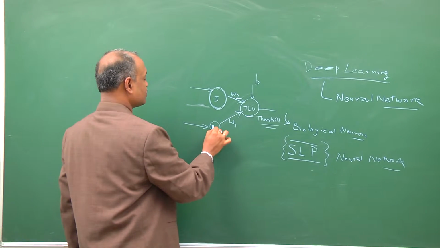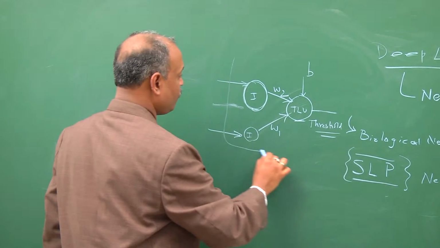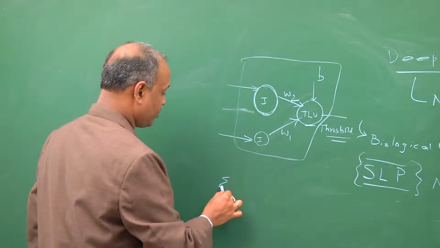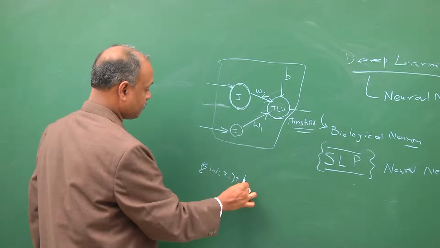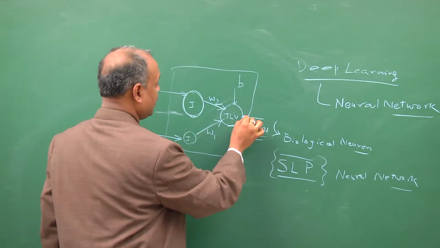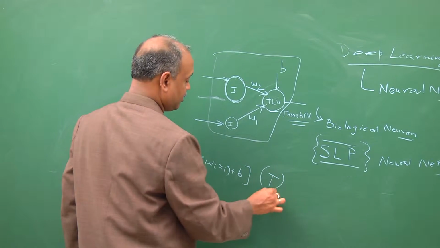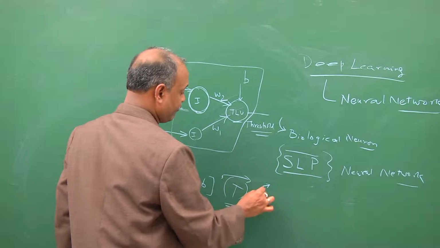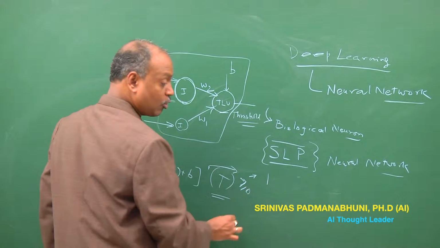These are input nodes and this is a bias node, and together this whole function is represented by first sigma of Wi xi plus b is the input that is coming in here, and then it is passed to the thresholding function, which decides whether, if the sum is greater than or equal to 0, then output 1.